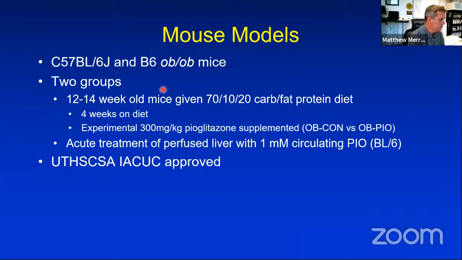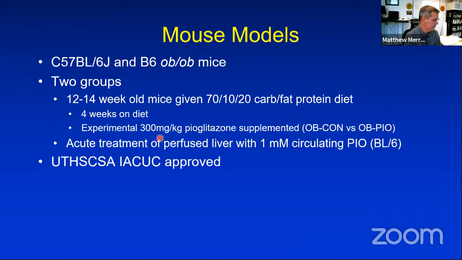I'm going to primarily show you data from two groups. One is 12 to 14-week-old mice on this diet, 4 weeks on diet, but some of them were treated with pioglitazone, so you'll see them denoted as OB control versus OB PO.